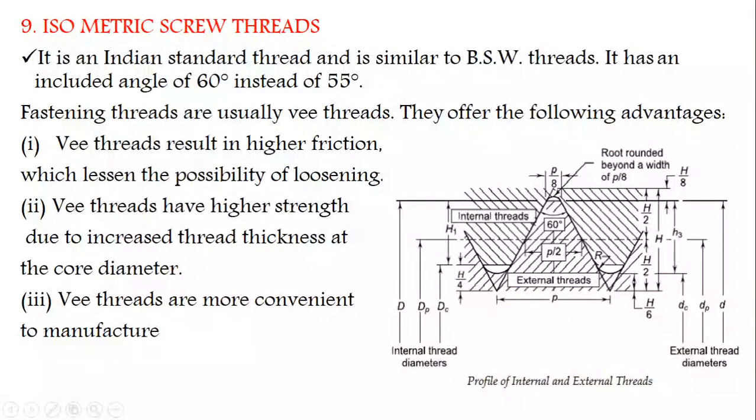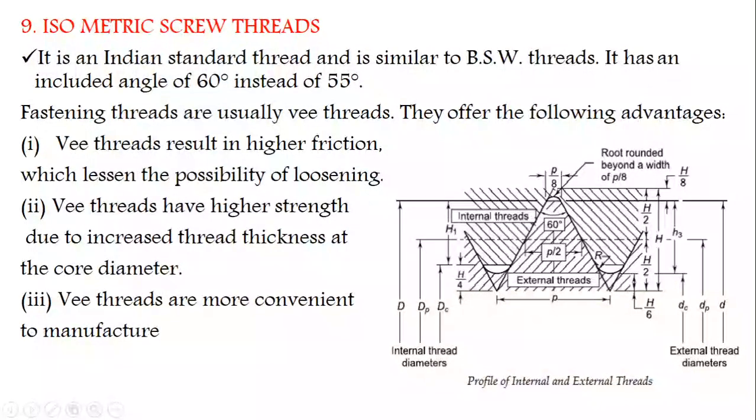It is observed from the tooth profile that the crest and the roots of the threads are either flattened or rounded in a circular arc. This is essential in fastening threads. It has the following advantages. It reduces the stress concentration in threads.